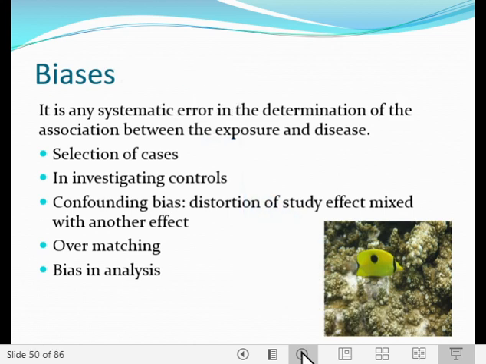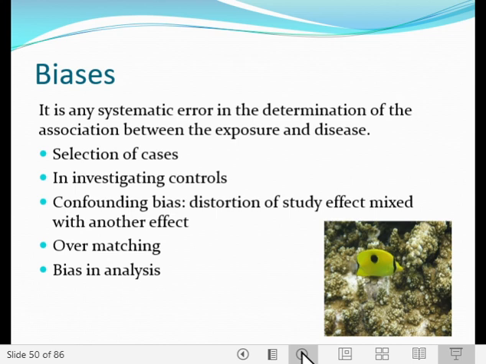Next, we come to an important short note, that is biases. Biases are defined as any systematic error in the determination of association between the exposure and the disease. The first one is because of selection of cases. If the cases have not been selected properly, if they have not followed the criteria for selection of cases properly, then there can be an error.